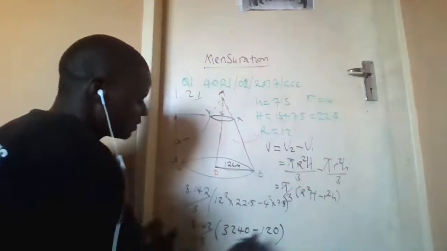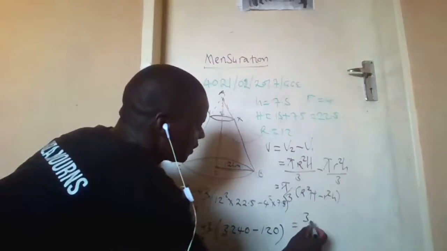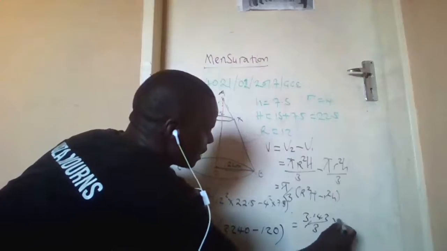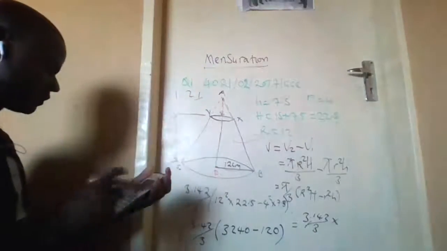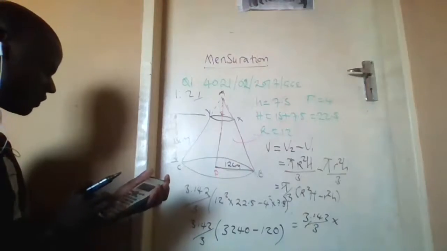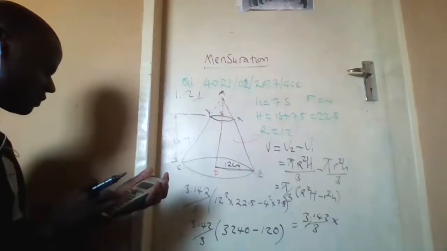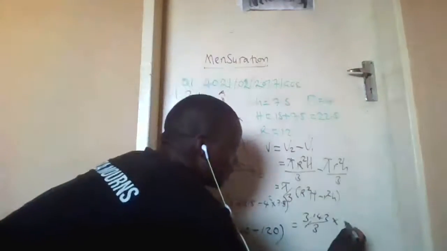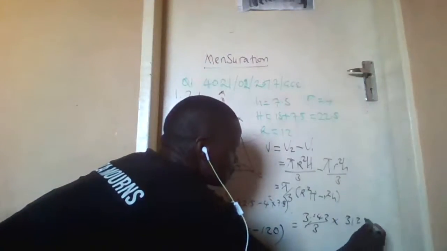Once I subtract, I'll have 3.142 over 3 times 3240 minus 120, which is 3120.